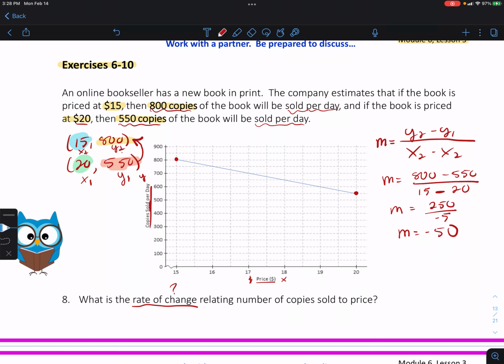Negative 50. And it says, what is the rate of change relating the number of copies sold to the price? So if we think about this, x is our price, and it's the change in y over the change in x, so it's the copies sold per day. We're selling 50 fewer copies per $1 increase in price. A $1 increase in price lowers the number of copies we sell by 50.